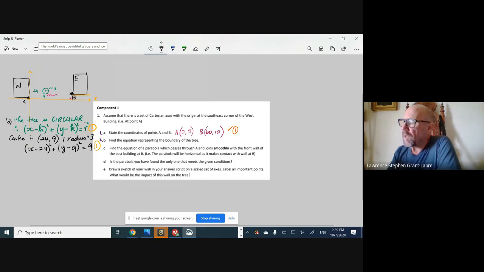So if it's going to join that smoothly, smooth means the gradient will be the same, and the horizontal gradient means the gradient will be 0. To meet it smoothly, it passes through. So let's look, it's the parabola.